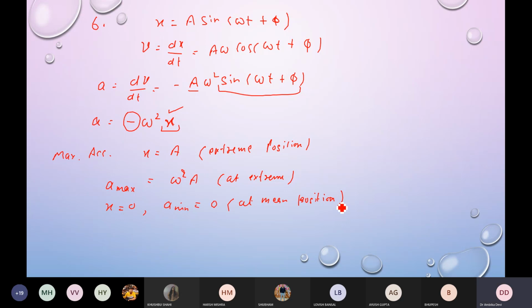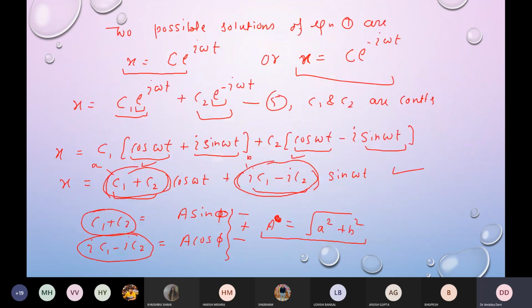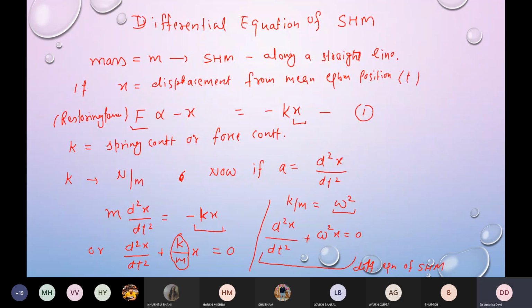Okay, so this is the total interpretation of simple harmonic motion. First, we talked about the differential equation of simple harmonic motion, and the differential equation was this one: d2x upon dt square plus omega square x is equal to 0.